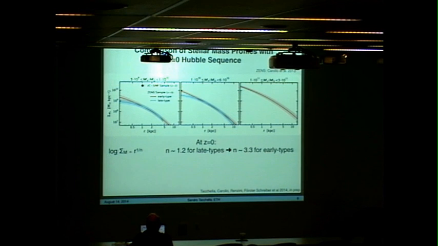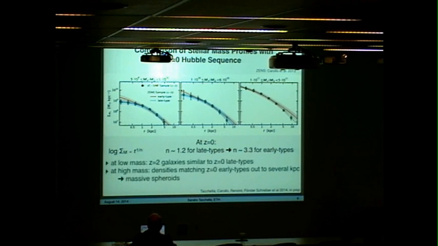So when we look at this, again, the Sersic index, we find a Sersic index of 1.2 for the late types and of about 3.3 for the early type galaxies. We can now add our redshift 2 galaxies on the top of these local redshift 0 galaxies, and we find that in the low mass bin and the medium mass bin, our galaxies follow the ones of the local late type galaxies, so they have similar profile shapes.